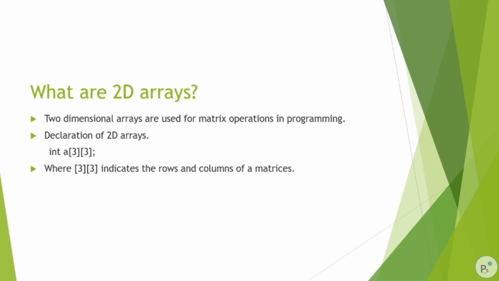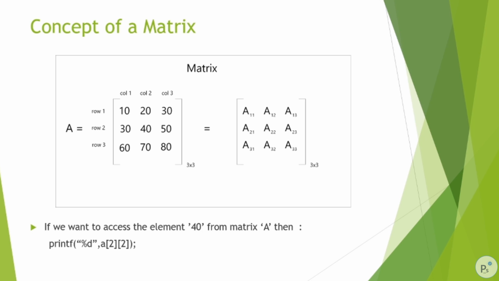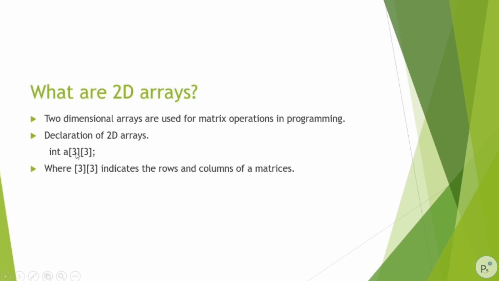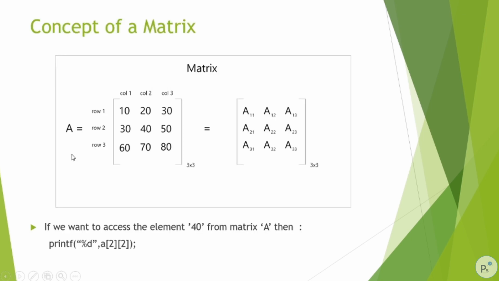So let's understand the concept of a matrix. We have declared a 3 by 3 matrix here. It has 3 rows and 3 columns, so it can take 9 values. Now how are the values represented in a matrix?